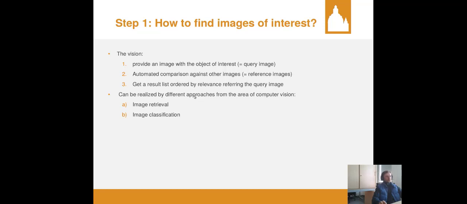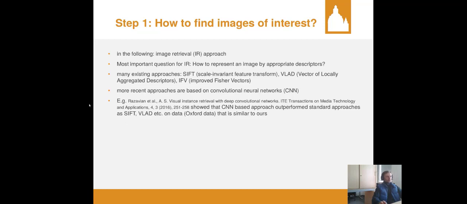And this task can be solved by mainly two different approaches from the area of computer vision, which is image retrieval and image classification. In the following, I will limit myself to the image retrieval approach, and the most important question for that is how to represent an image, or more precisely, its typical and characterizing features by so-called appropriate descriptors.